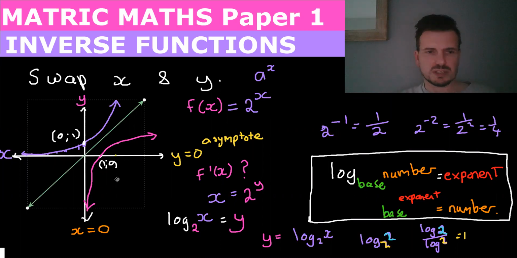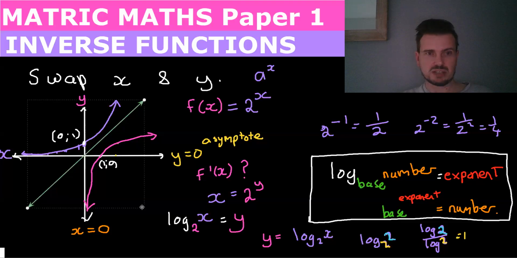Okay, so those are the tips for the inverse graph. First thing you do is swap x and y. Then make y the subject of the formula. Then you also know that any points on the graph, if it's 0 and 1 or 3 and 1, can just be swapped. So 3, 1 would become 1, 3 in the inverse graph. And the other thing is the asymptotes are swapped as well.